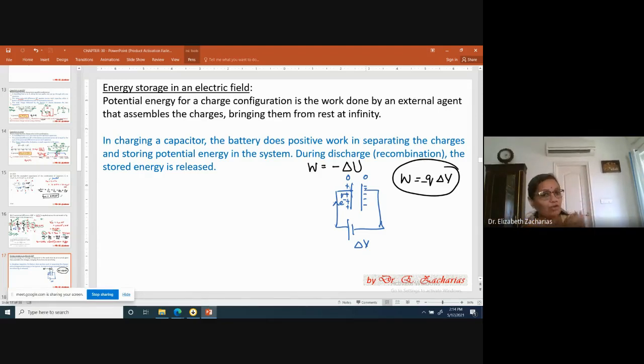And how do you get that energy out? Anybody? How do you think you can get that stored energy that you put into the capacitor? How do you think you can take it out? What do you think is happening when you are using the flash of your camera?